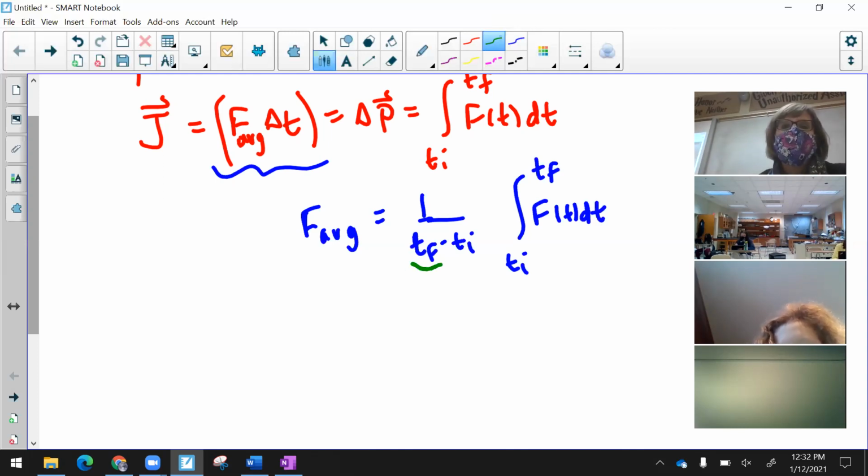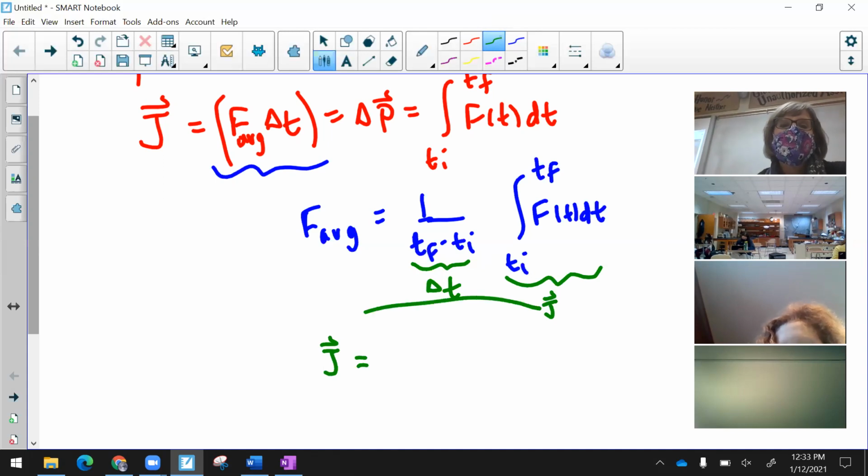And of course, we know that t final minus t initial can also be written as delta t. And because the integral part is impulse, it makes sense to turn this whole thing around and say that J, the impulse, is equal to F average times delta t.